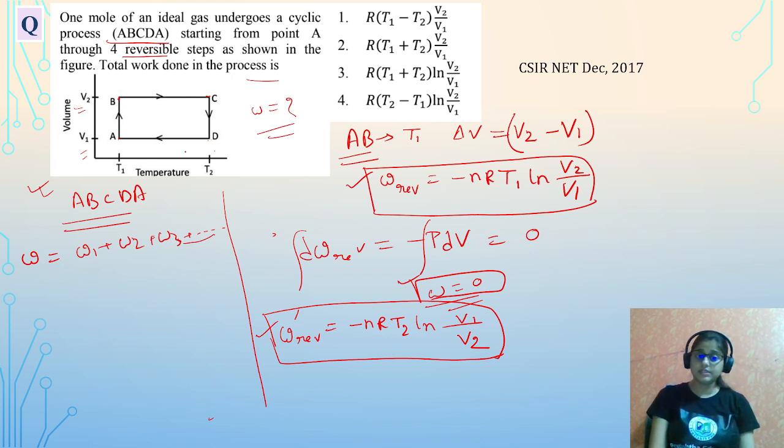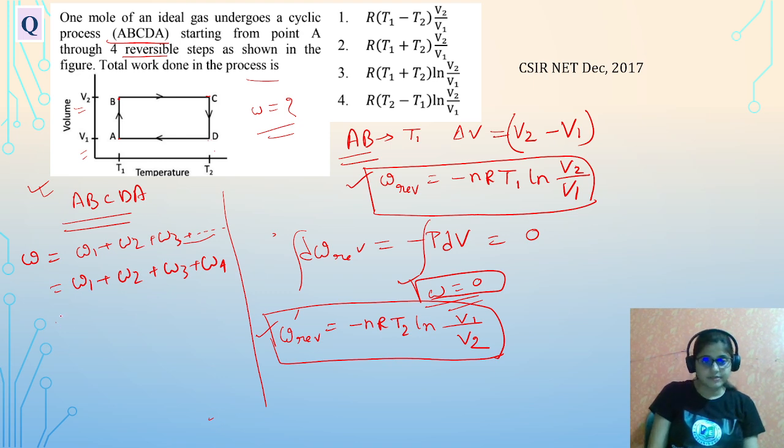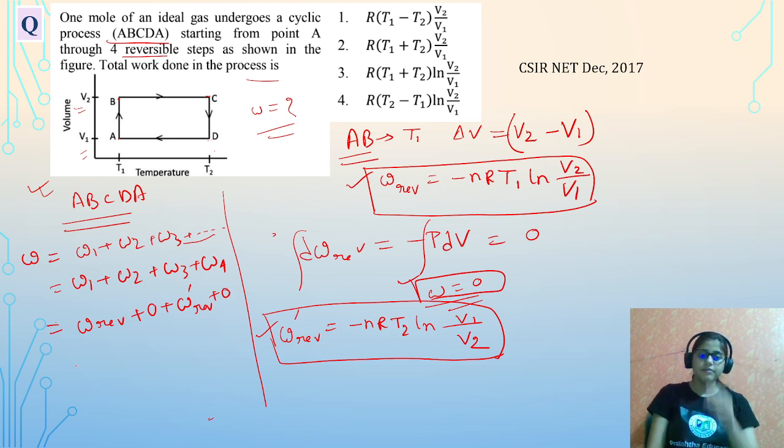Here four steps are there. So it will be W1 plus W2 plus W3 plus W4, and W1 here is W reversible, plus W2 is 0. This is W dash reversible plus 0. So we have to put the values of W reversible and W dash reversible.